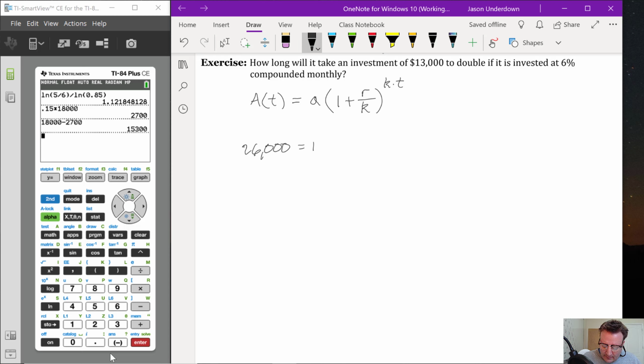So we want to solve this. Again, I don't think it's really necessary to use symbols here because we're going to get some really nice cancellation. Let's see, remember we got to write the 6% as a decimal. And we're doing monthly compounding, so k is 12. And we don't know the time, but k is 12, so we have 12t in the exponent.